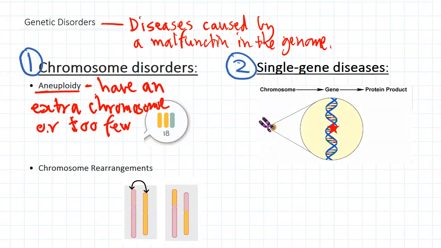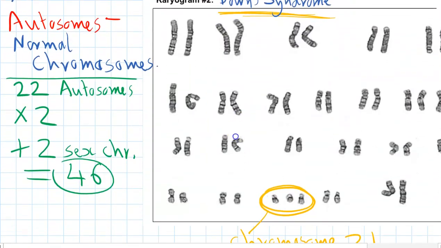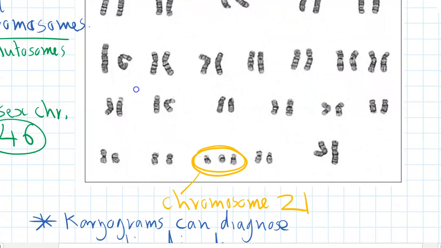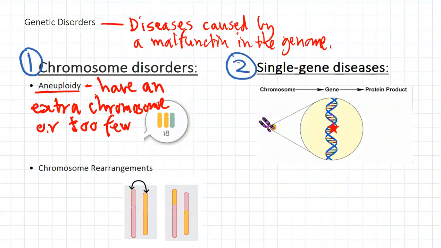So back when we looked at the karyotype, we looked at this patient here who had Down syndrome. And remember, they had 3 copies of chromosome 21. So this is an example of aneuploidy here. And this person here, they've got 3 copies of chromosome number 18. So they've got 1 extra than they should, and that causes a different disease again.